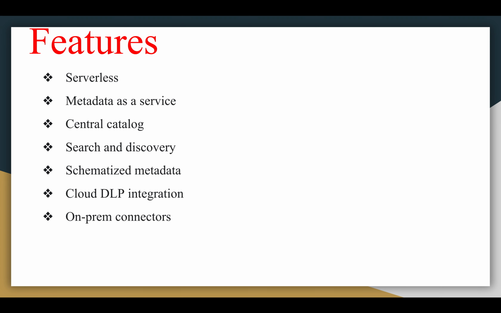Central catalog: a flexible and powerful cataloging system for capturing both technical metadata automatically as well as business metadata or tags in a structured format. Search and discovery: a simple and easy to use UI with powerful structured search capabilities to quickly and easily find data assets, powered by the same Google search technology that supports Gmail and Drive.